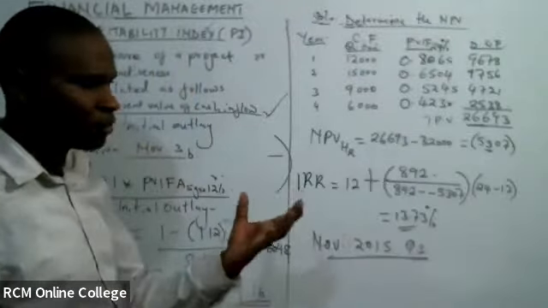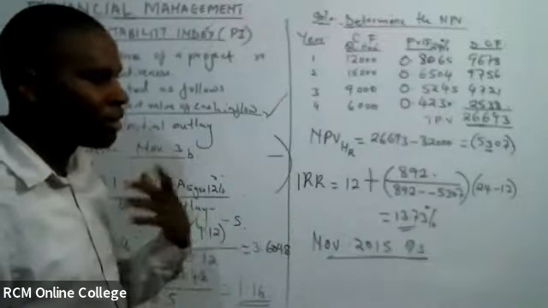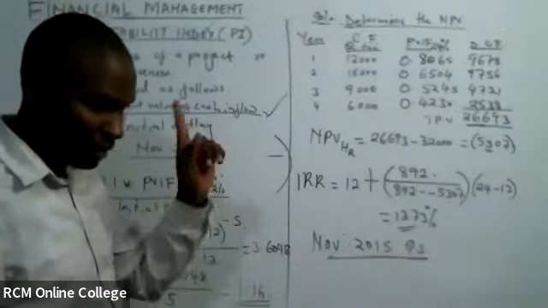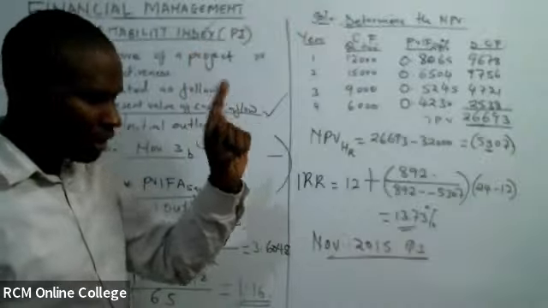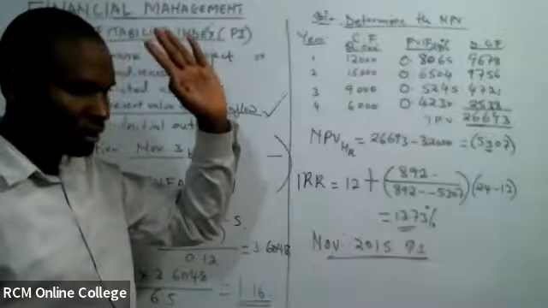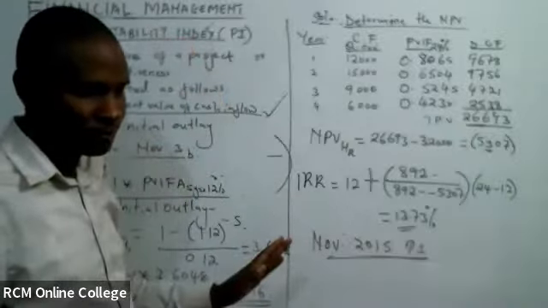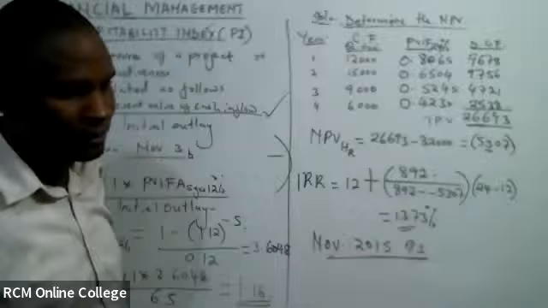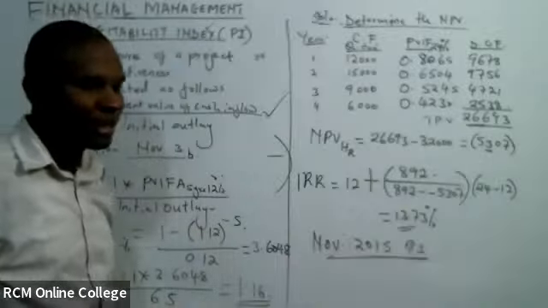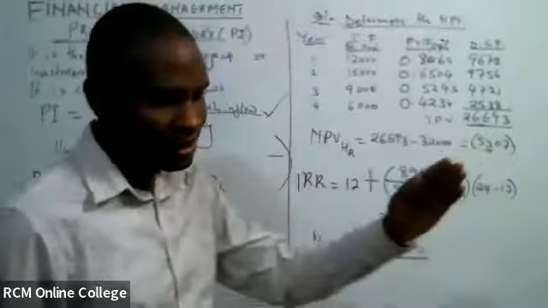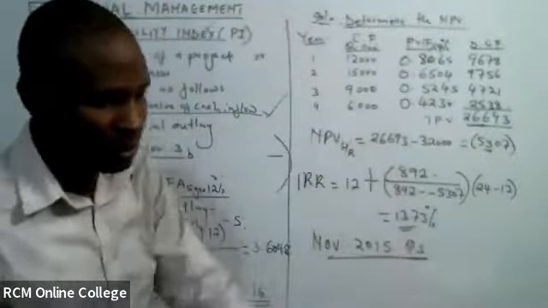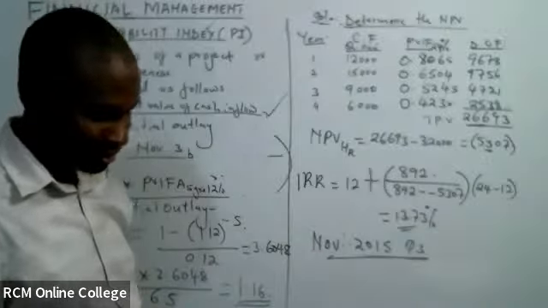And that's why when we interpret, we say if the PI is greater than 1, accept the project. If the PI is greater than 1, accept. If it is less than 1, reject. If it is equal to 1, may accept. That's all, and we're done.